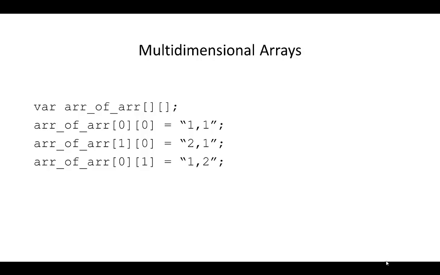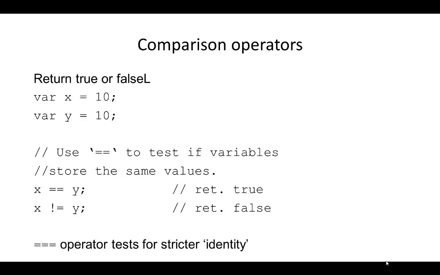The first value in the first list and the first value in the second list, I've set to 2, 1. Yep. So you could make a two-dimensional array, you could make a three-dimensional, four-dimensional array for storing values like that. Chances are you won't need to do that in this course.